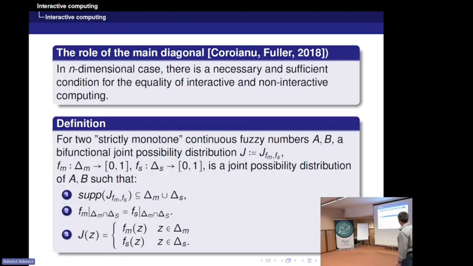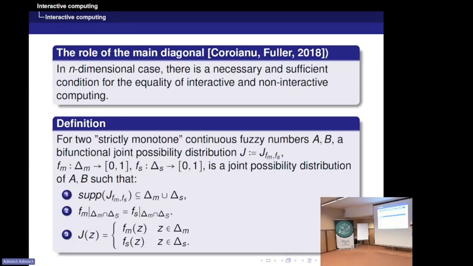And it was shown by Kerre and Fullér that in the one-dimensional case there is a necessary and sufficient condition for checking the equality of interactive and non-interactive computing, and it was done exactly on the main diagonal.